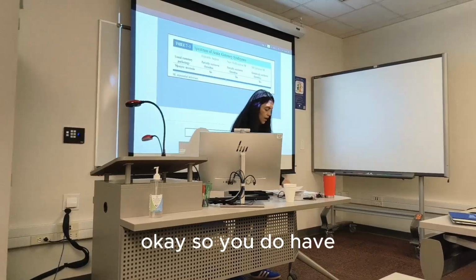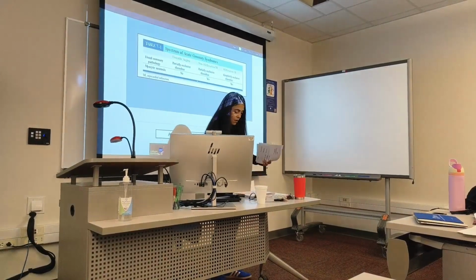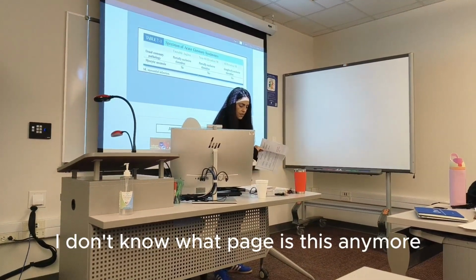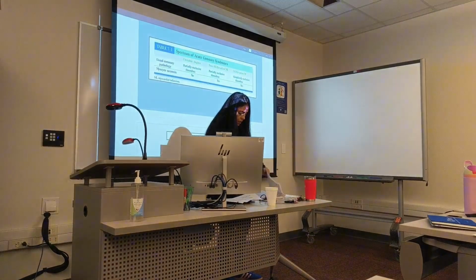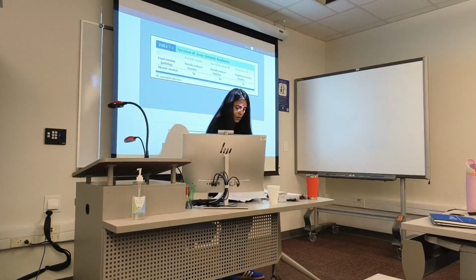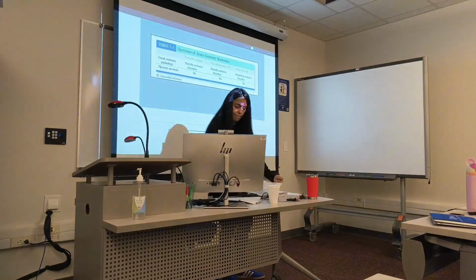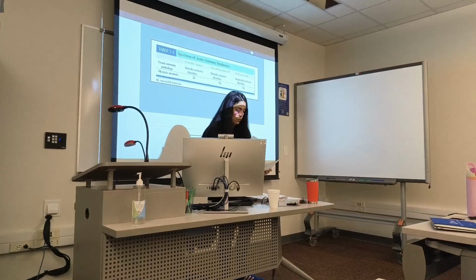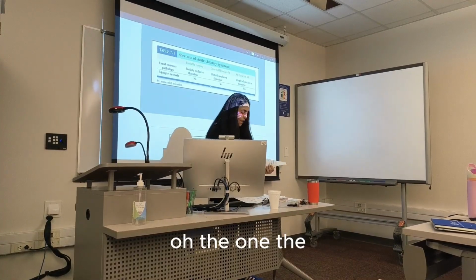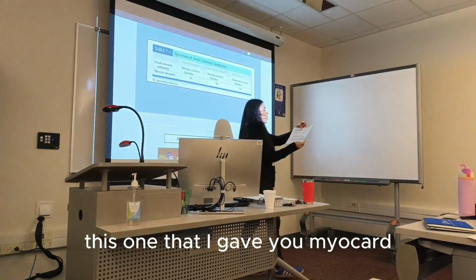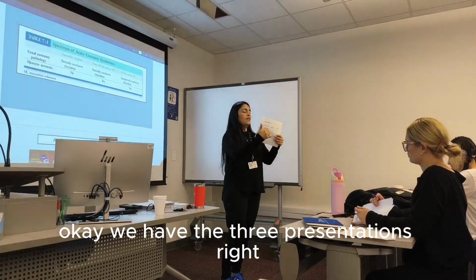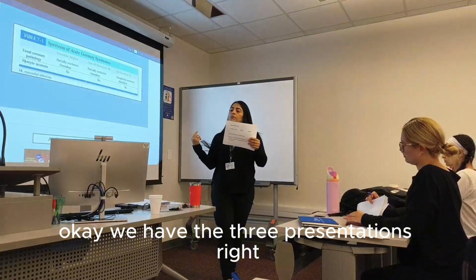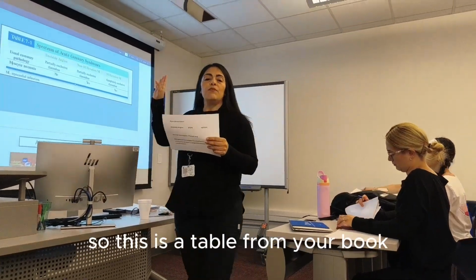Okay, so you do have, I don't know what page this is anymore, because I have the wrong one, hold on. Oh, this one that I gave you, myocyte necrosis. Okay, we have the 3 presentations, right? So this is a table from your book.